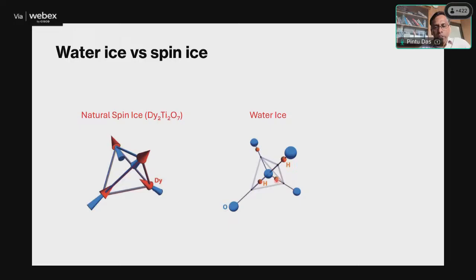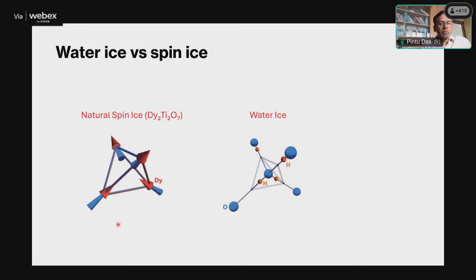You see this one and this one are closer, and these are far away. Therefore it is called two in and two out, in terms of the position of the protons with respect to the oxygen ion in water ice, and this is called the ice rule.